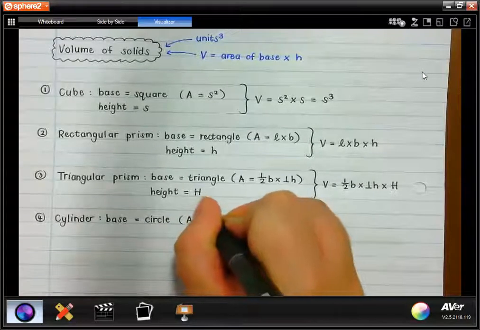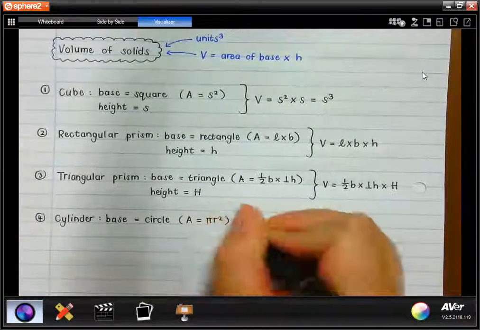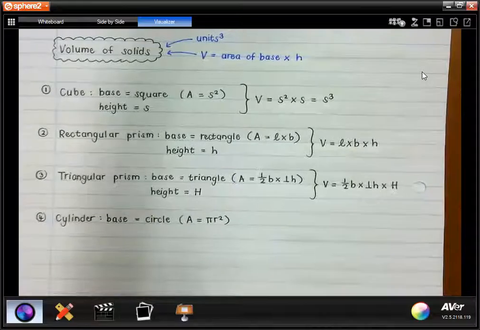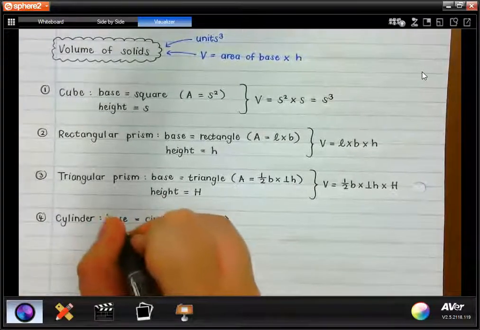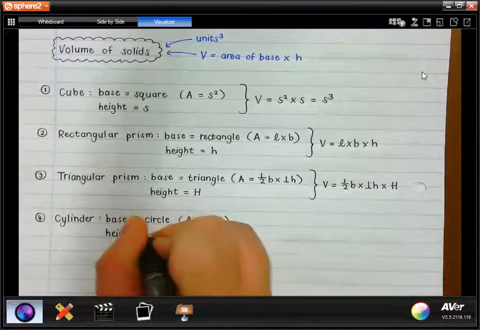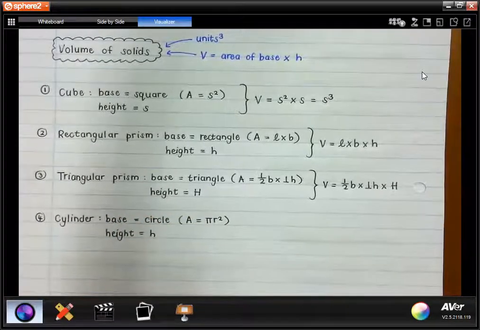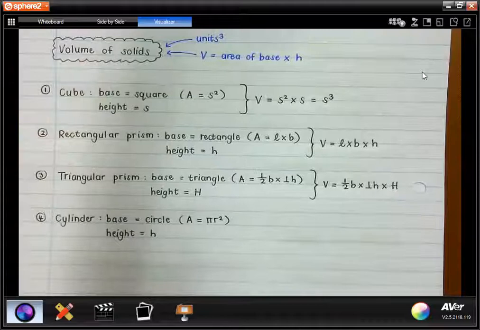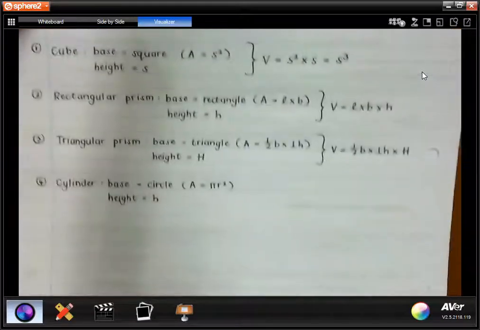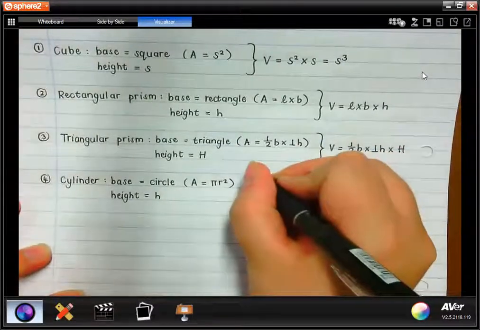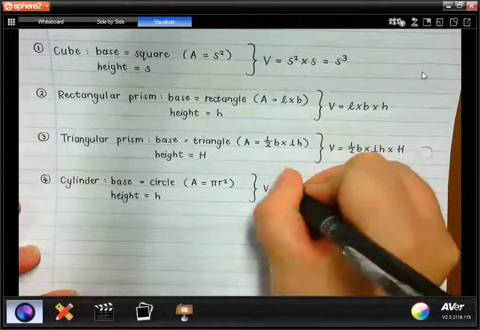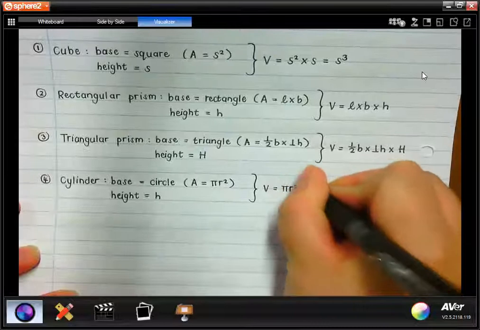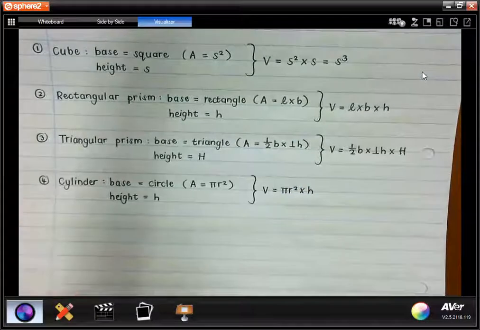The area of a circle is pi radius squared. The height of the cylinder now, because we only have one height that we're working with here, we can just call it small h. You can call it a capital H if you want, doesn't really matter. So the volume of a cylinder is going to be pi r squared times h.